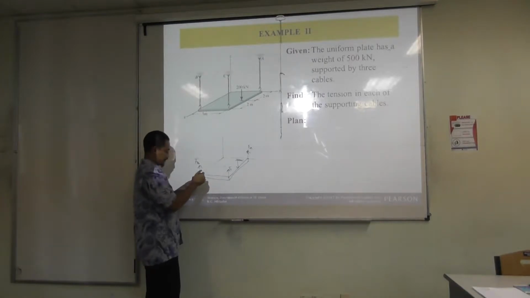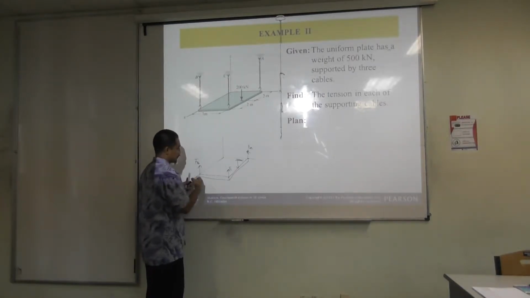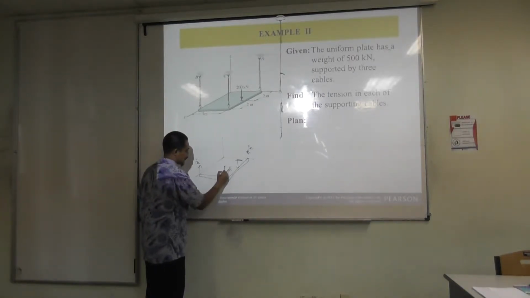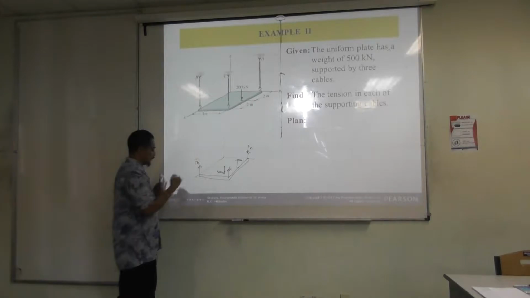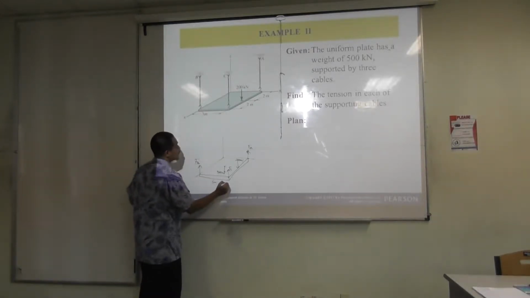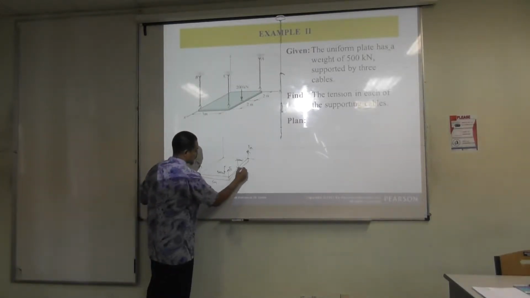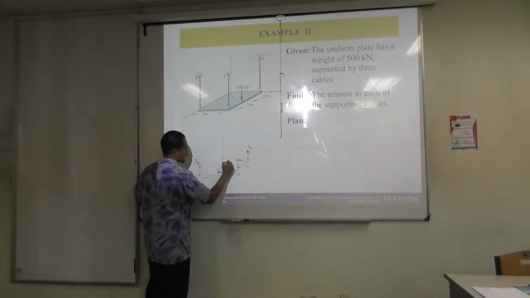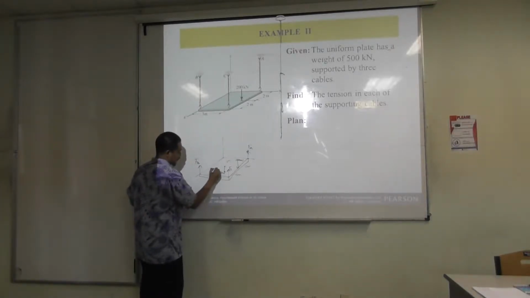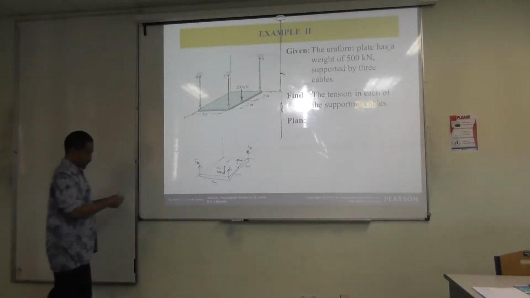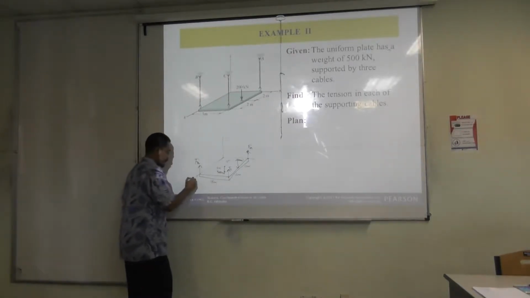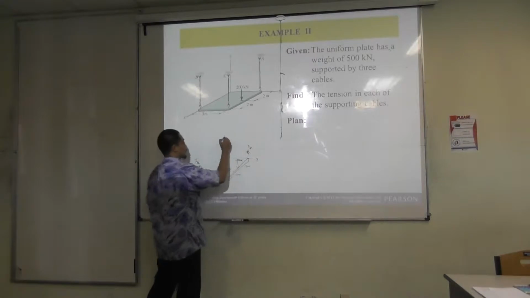So if that is the center, we'll have this point going down 500, and we need also the dimensions of 3 meter, 2 meter, 2 meter, 2 meter, 1.5 meter. Alright, so that is the free body diagram.